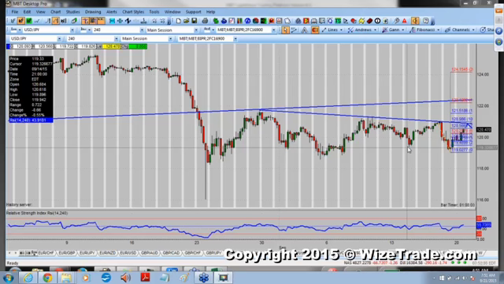That would be a great area to be on the short side if I can get it. I'm going to put in a sell for 120.80. Yeah, I have an order out at 120.80 if I can get it. I don't know if I'll be able to get it, but I have an order out there.